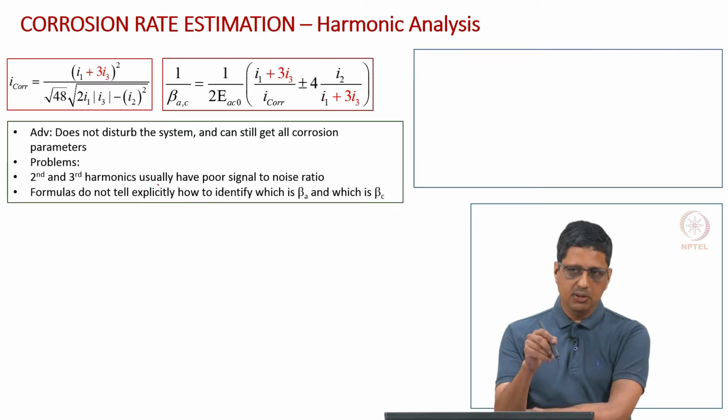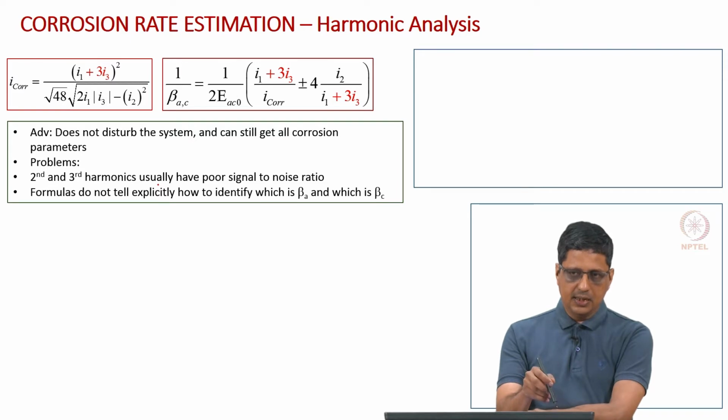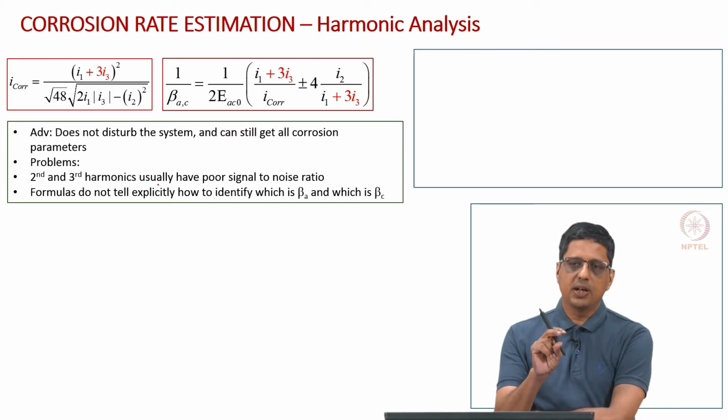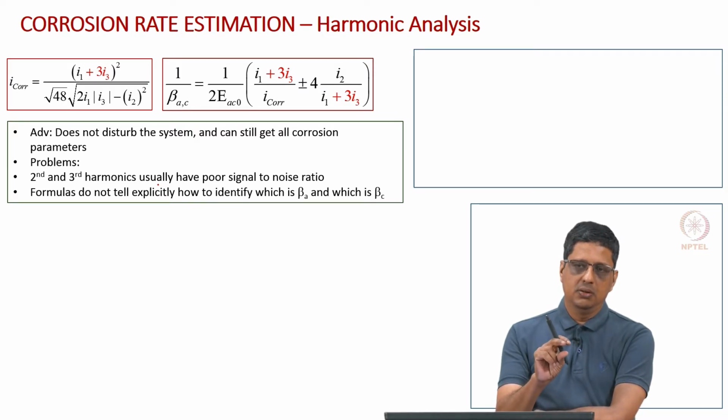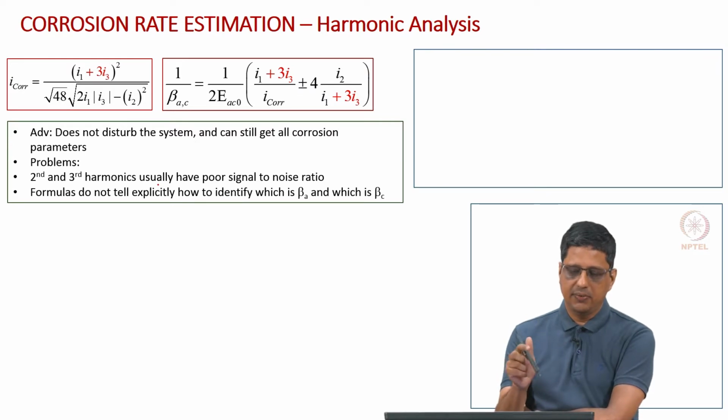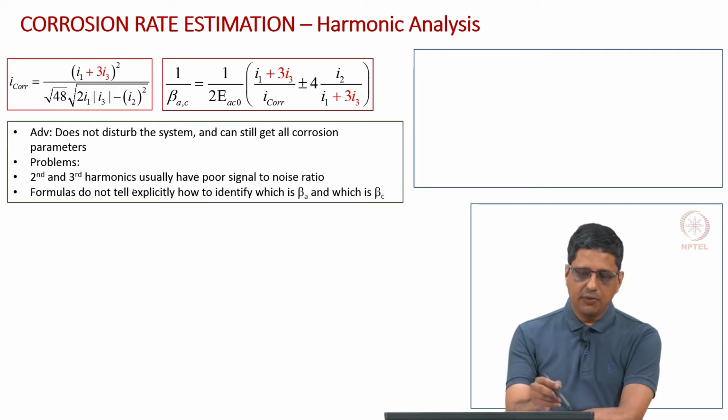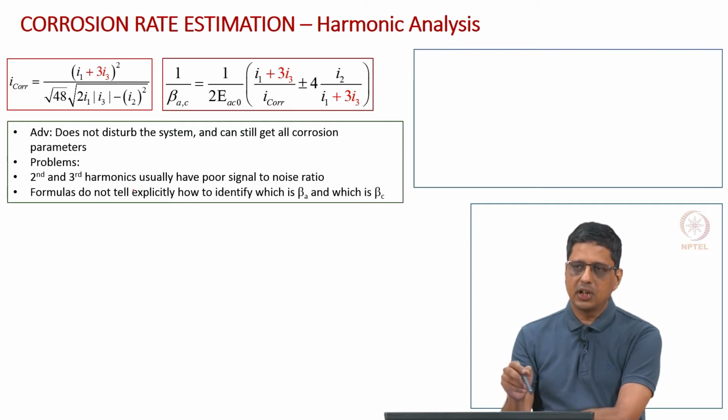It is still possible to analyze assuming that the basic equation is valid, but you will have to get an expression in terms of modified Bessel functions and use some numerical method or optimization program to extract the parameters. There is no expression which will give you I_corr, beta A, beta C in a fashion similar to this.